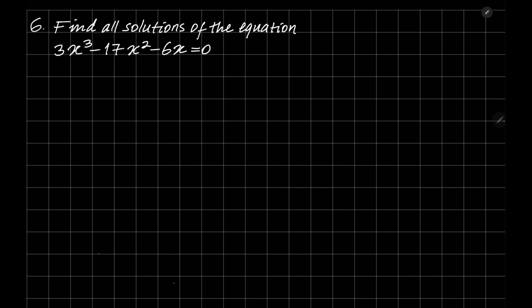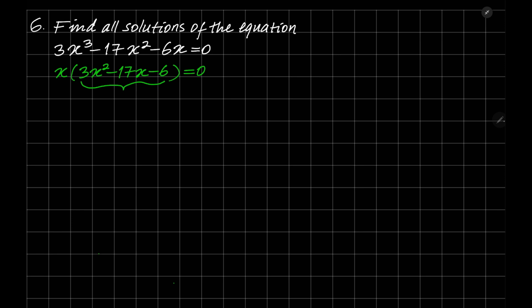Find all solutions of the equation 3x cubed minus 17x squared minus 6x equal to 0. Now we can factor it by x times 3x squared minus 17x minus 6 equal to 0. This is a quadratic equation.